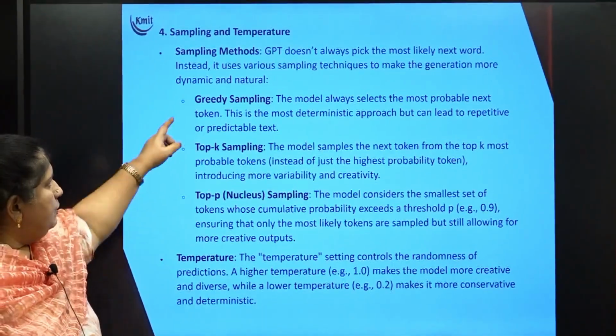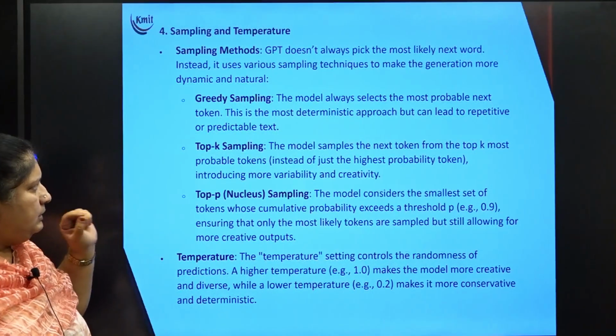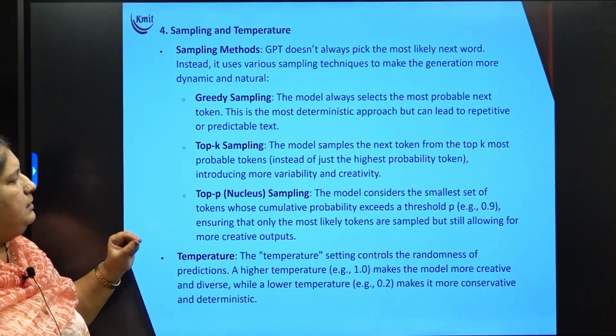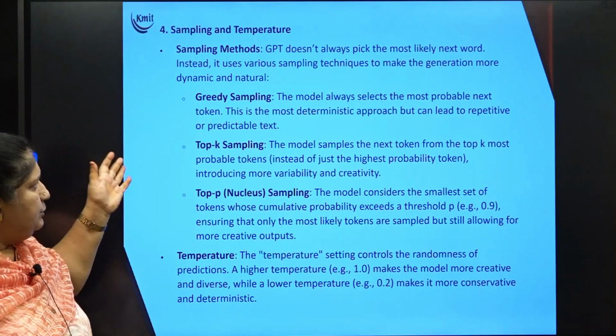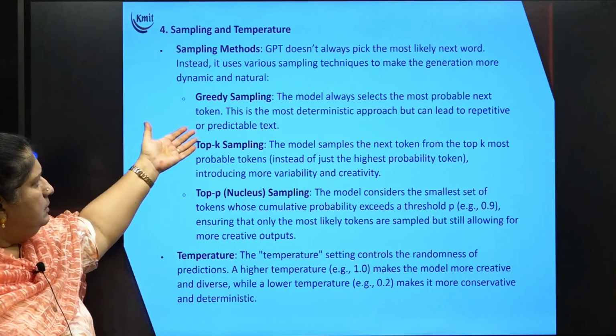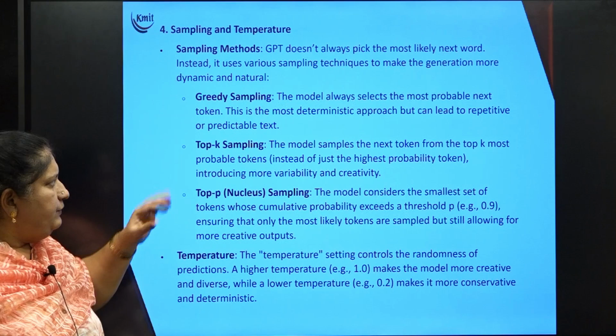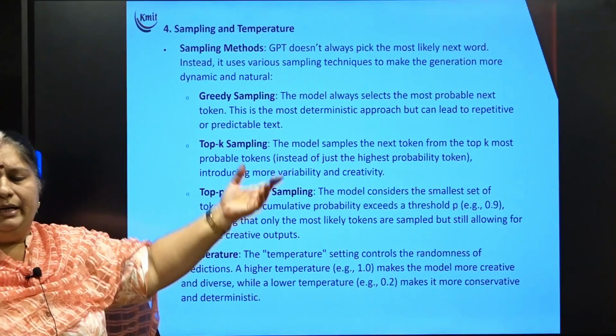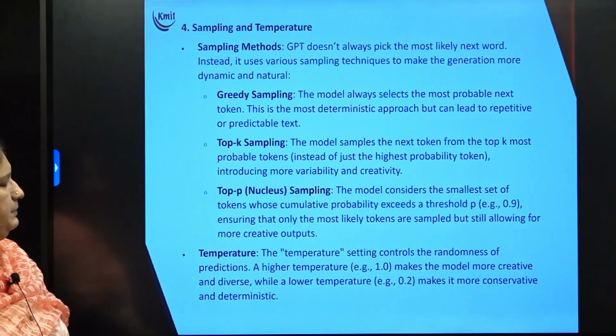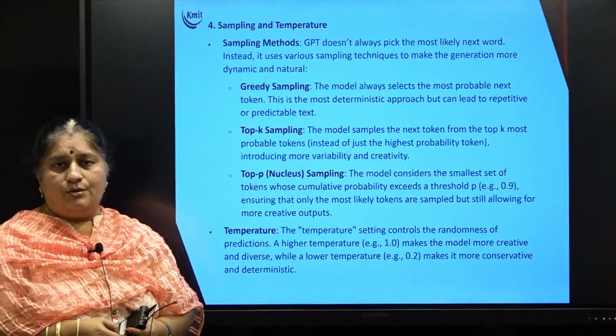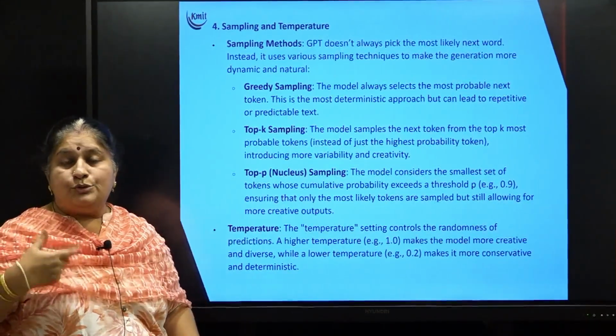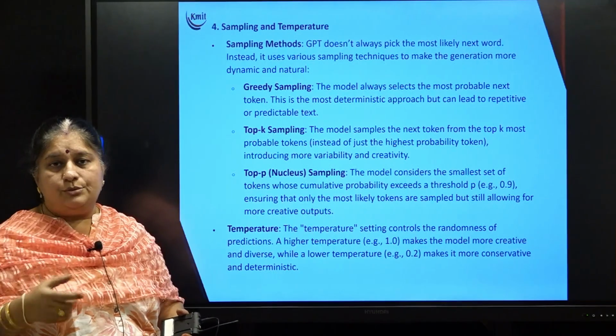So what is greedy sampling? The model always selects the most probable next token. In this, a deterministic approach is used, but it can lead to repetitive and predictable output. For "The cat sat on the," what is the most probable word? "Mat."